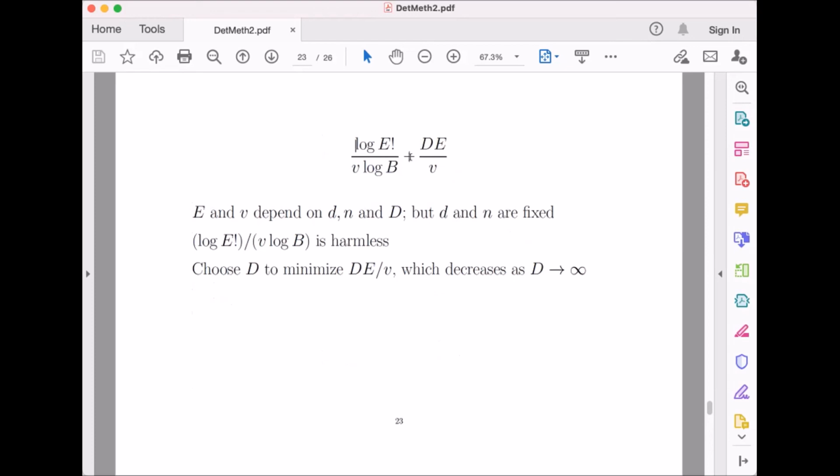This factor here is relatively harmless, so we have to choose capital D to minimize this part of the formula, and that means choosing capital D very large. So the message here is that when you do this process, the degrees of the monomials that you use are rather large.